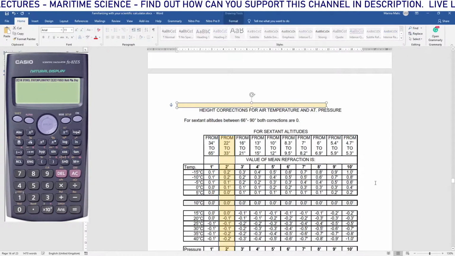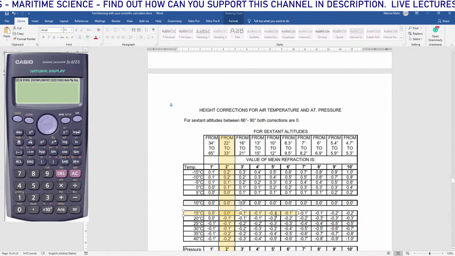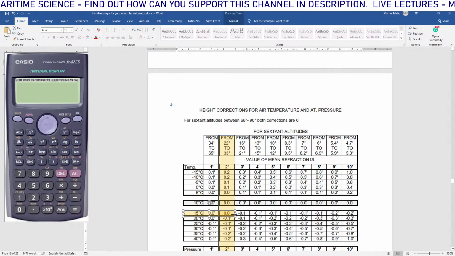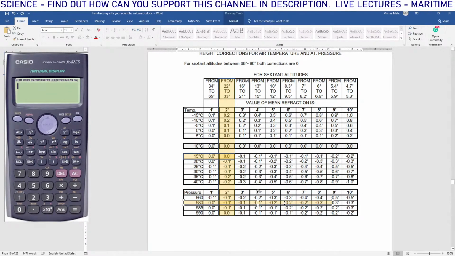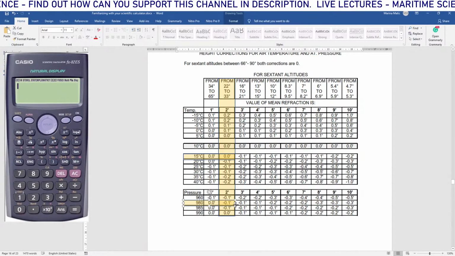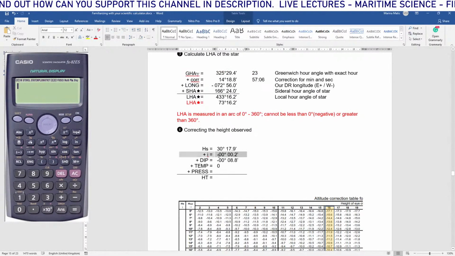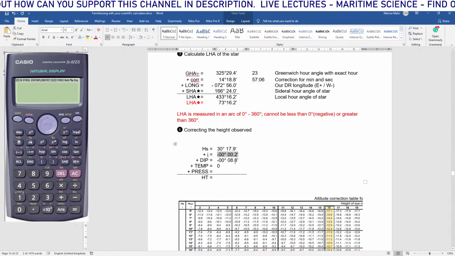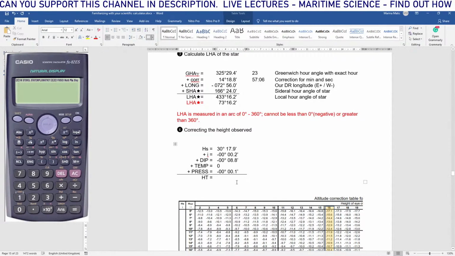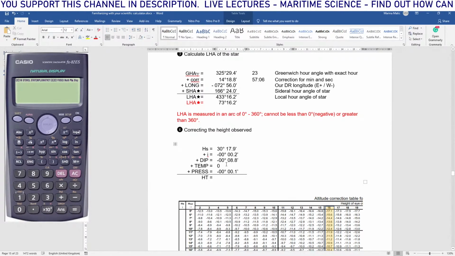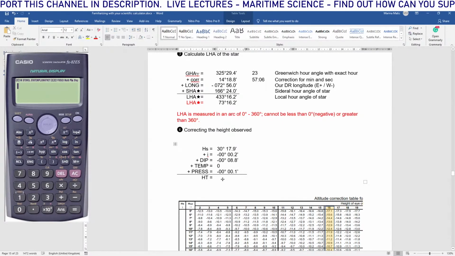The temperature is here, so this is the correction for temperature, and for pressure at 980 it is negative 01. So the pressure correction is negative 0.1 minute. Let me cheat again by copying this. Paste, 0.10, so 0.1 minute. And this is 0. Let's keep it 0.